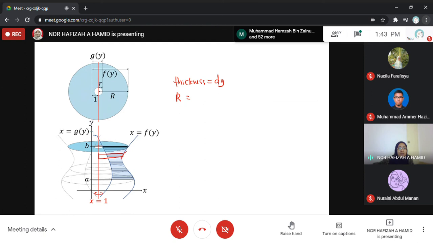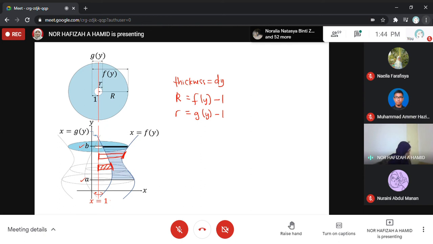Untuk yang right dia is Fy, minus dengan left dia is function 1, so minus 1. And for inner radius, right dia is function Gy, minus with the left is axis of revolution, Gy minus 1. And limit from y axis, kita ada A until B. Ni untuk case 2.